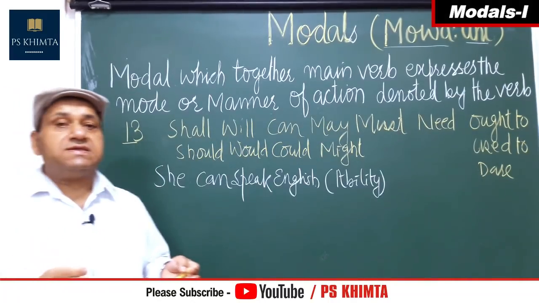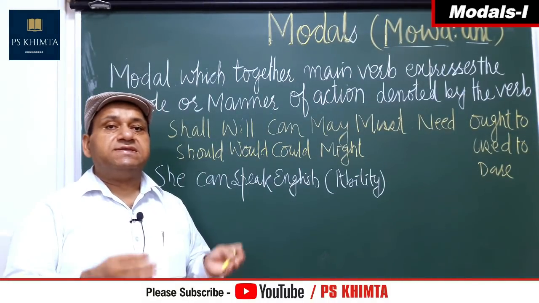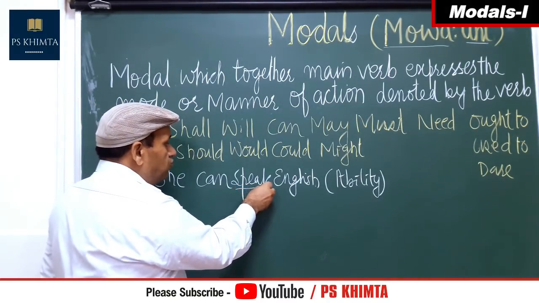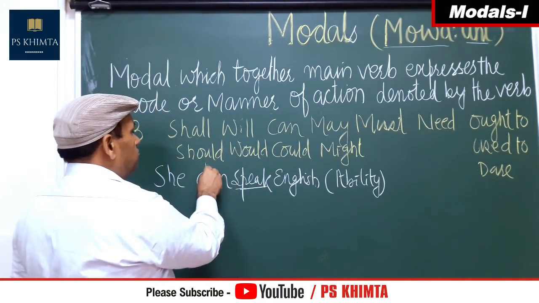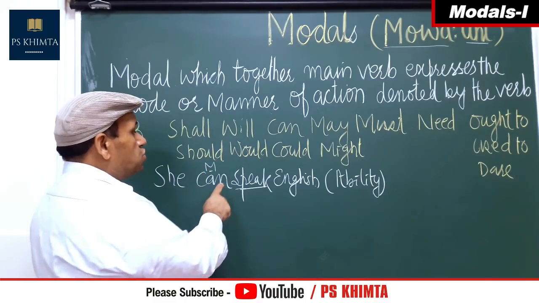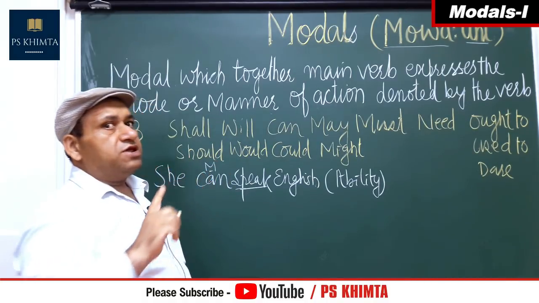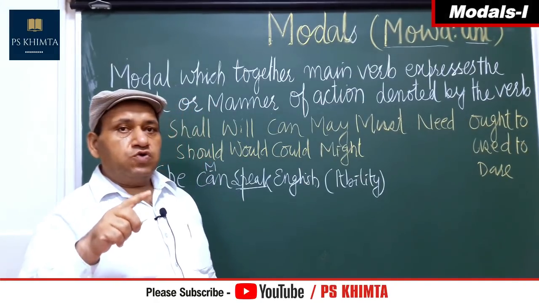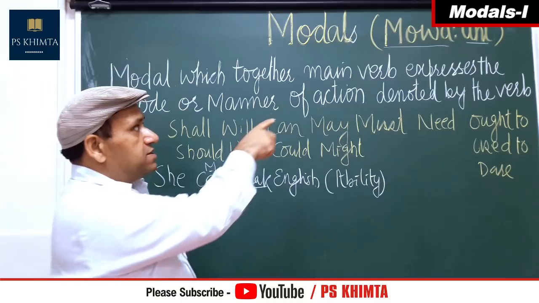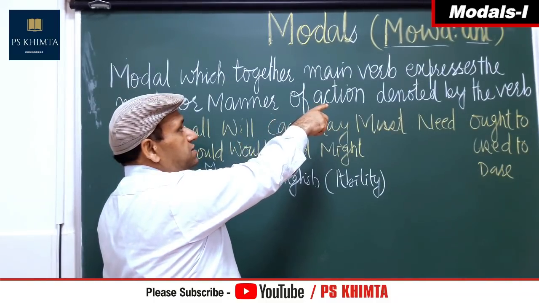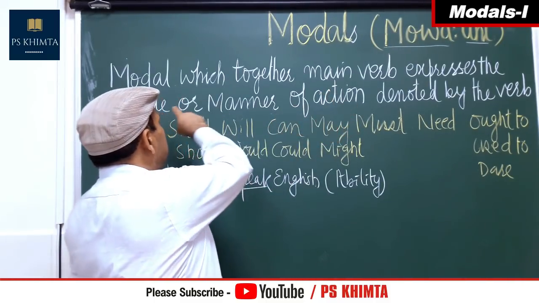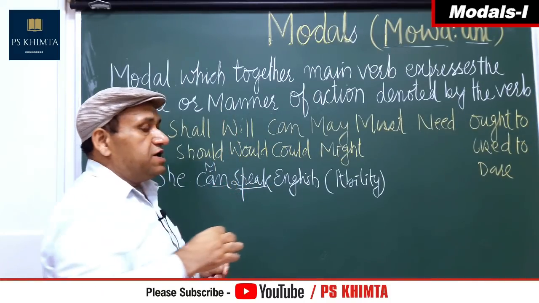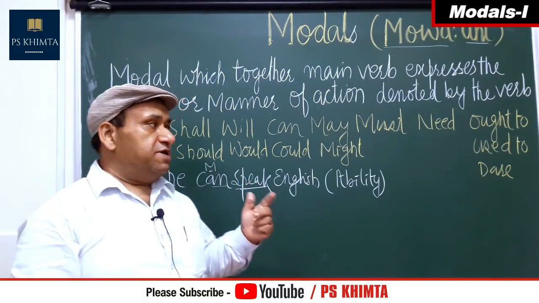So this expresses the ability of a person. Basically this is the main verb and this is the modal. So a modal never comes alone, mind that. It is always followed by a verb. So as I wrote in the definition, it expresses the mode or manner. That she can speak, it is ability.